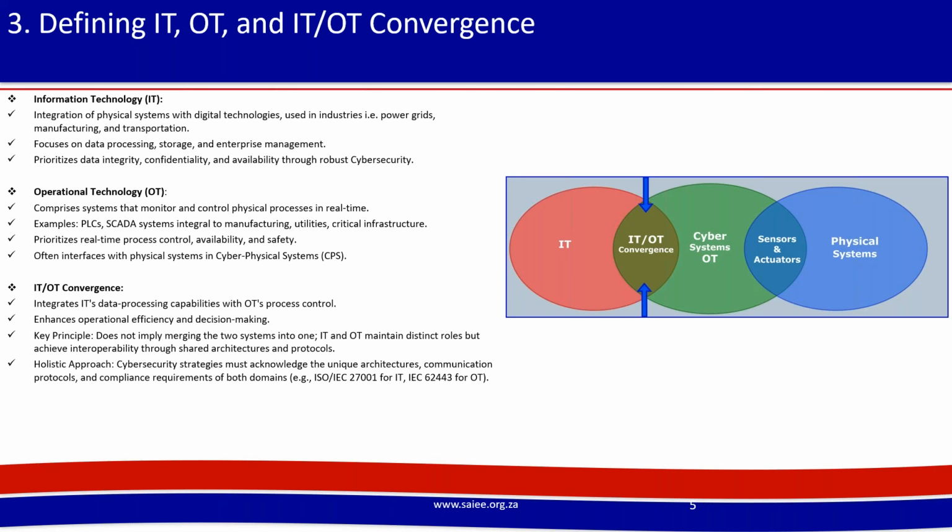It integrates operational technology systems such as the industrial control systems, the DCS, SCADA, and energy management systems with the physical power infrastructure. This integration allows real-time control, monitoring, and optimization of power systems across the generation, transmission, and distribution networks.